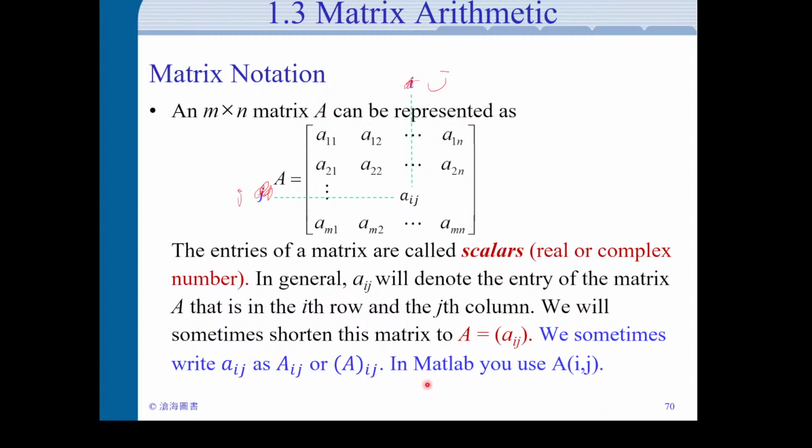If the big matrix is big A, I guess the most standard notation for an element is small aij, but we will sometimes write big Aij because it's the ijth element of this big matrix big A. Or we have this bracket A and ij. Okay. So I think the book notation is small aij, but sometimes we use different notations.